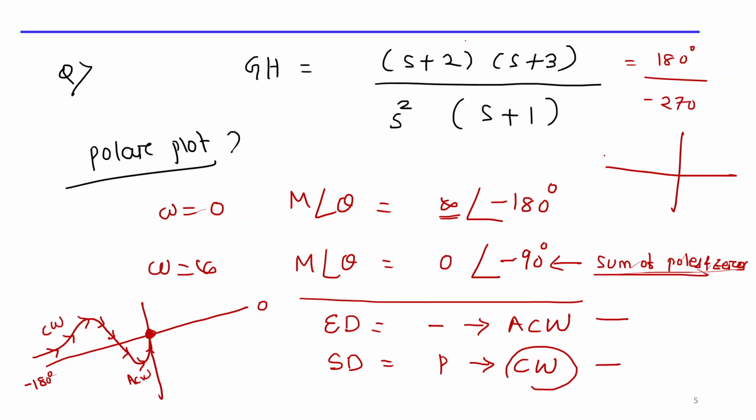If you start from -180, it will follow clockwise and it will not reach -90. This question is not possible. Forget about it, my hypothesis is wrong. So it will cross the axis. You just see that the starting direction and the ending direction are clockwise and anti-clockwise.